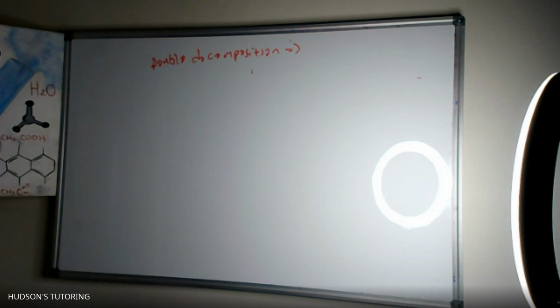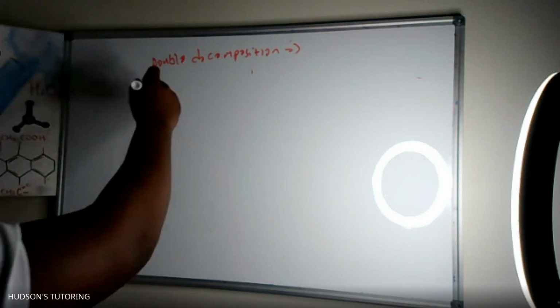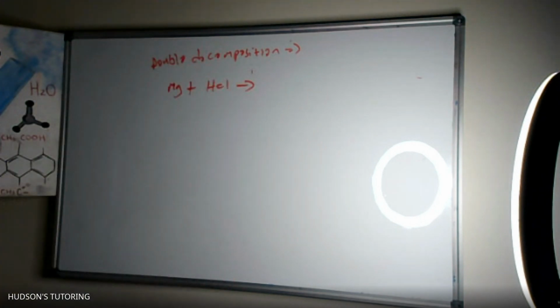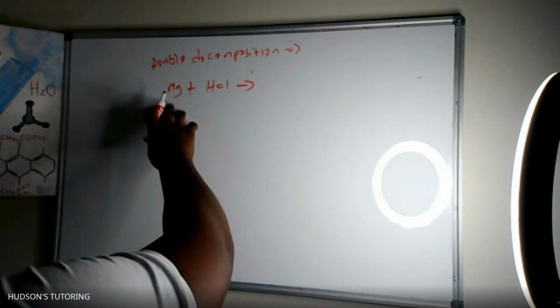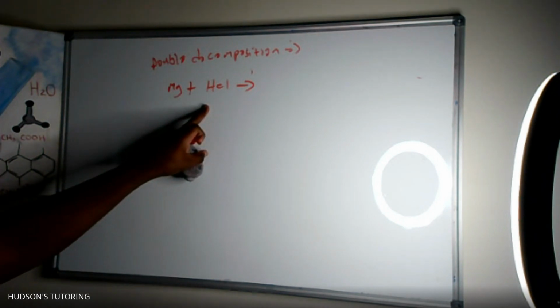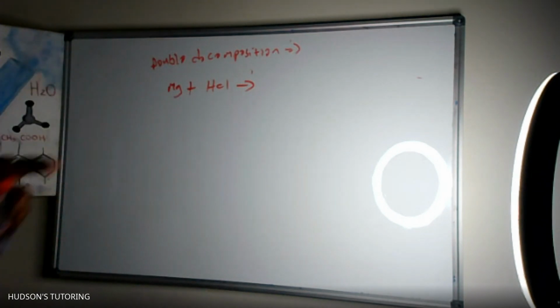Let's look at an equation here: magnesium reacting with hydrochloric acid. This is an acid reacting with a metal. For those who don't know, when an acid and a metal react, they form a salt and hydrogen gas. This is also a displacement reaction. Remember, magnesium is higher in the reactivity series than hydrogen.